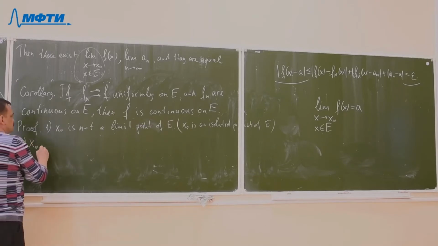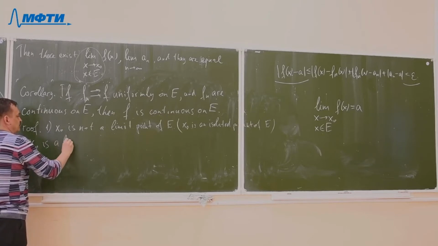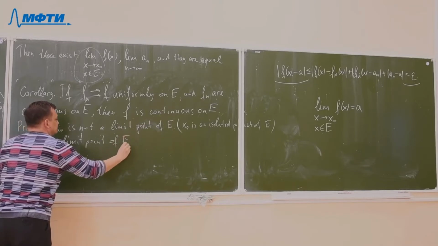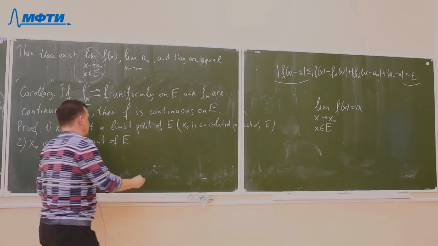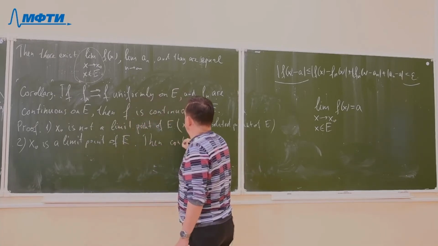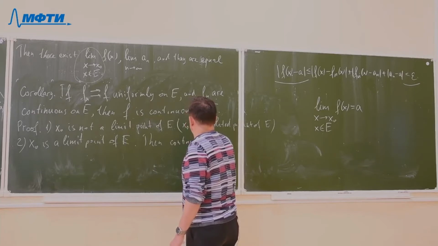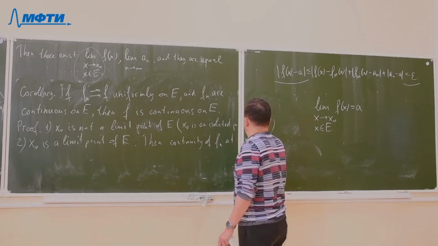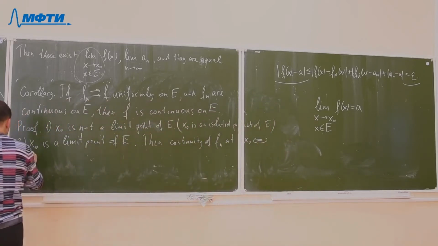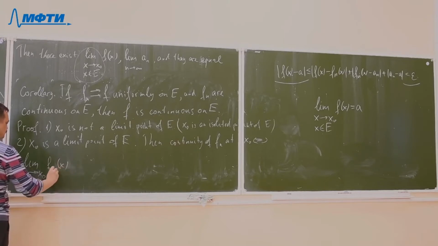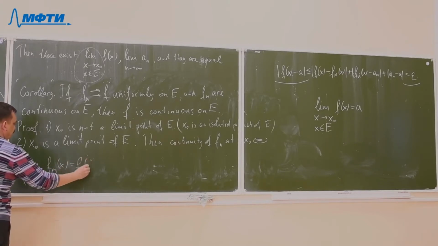And if x naught is a limit point, then continuity of fn at x naught is equivalent to saying that the limit as x tends to x naught, x in E, of fn of x equals fn at x naught.